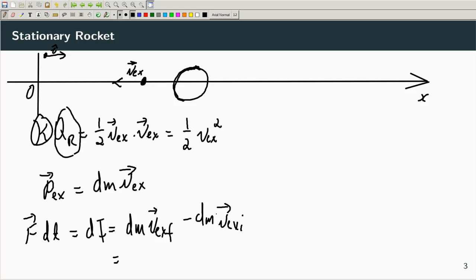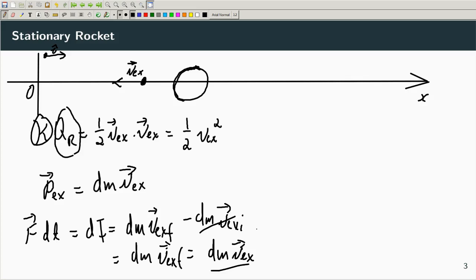Of course the initial velocity is 0 in our inertial frame of reference, and we have V_ex times dm, which we shall just call the same as up here, the momentum.